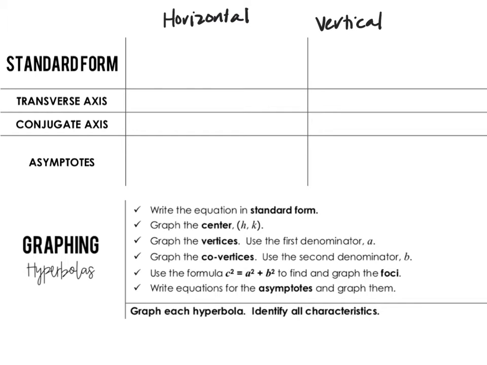Now, these equations are very similar to the equations of the ellipses. They just have one big difference. So we have (x minus h) squared as the numerator, and then a squared still as the denominator, minus (y minus k) squared as the numerator over b squared as the denominator equals 1.